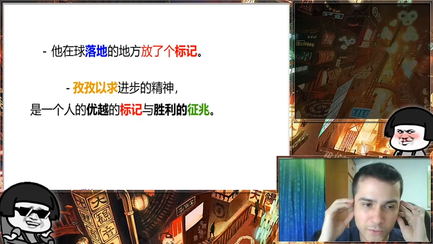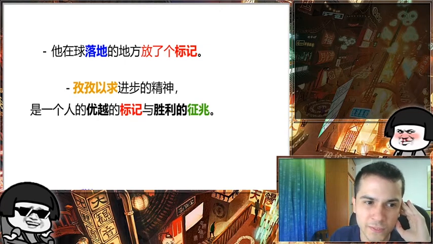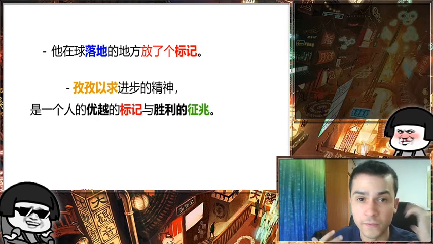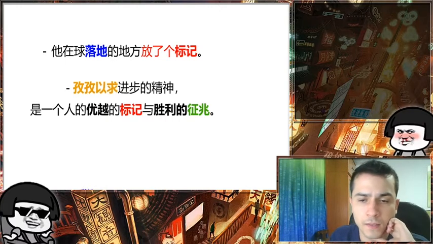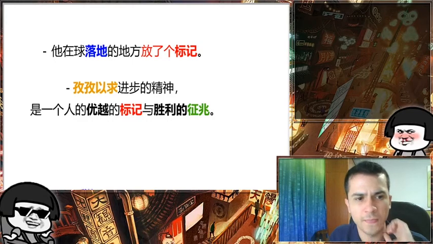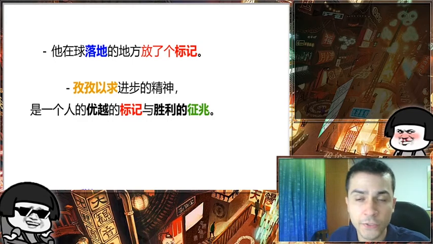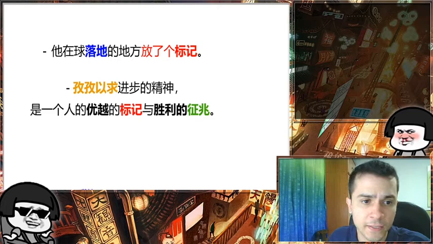That's the common translation of 优越, but it just means that someone is excellent, right? That it's very good. So it's a sign that someone is great, excellent, 与 and a sign of victory. So 胜利 means victory and 征兆 means omen, sign.